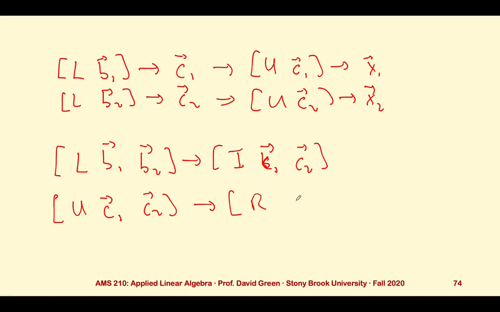We then could form a matrix U with C1 and C2 and take that to form our reduced row echelon form with our solutions, or at least most of the solutions for the 2 different right-hand sides.